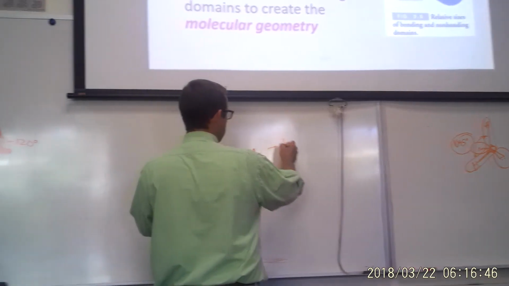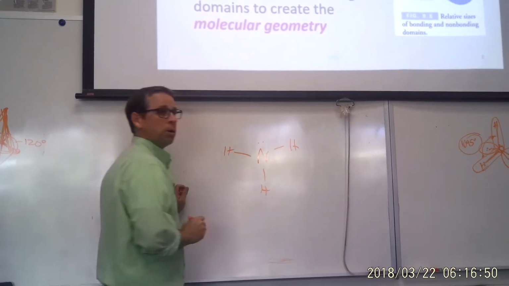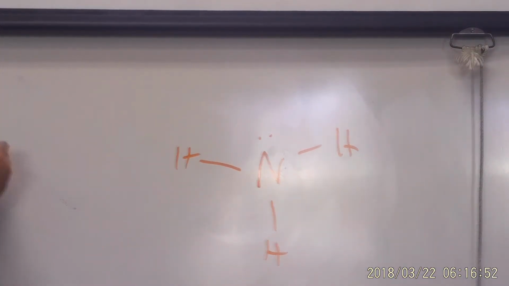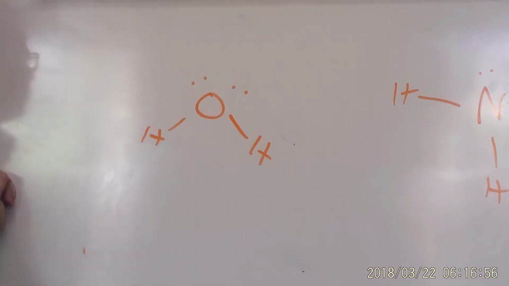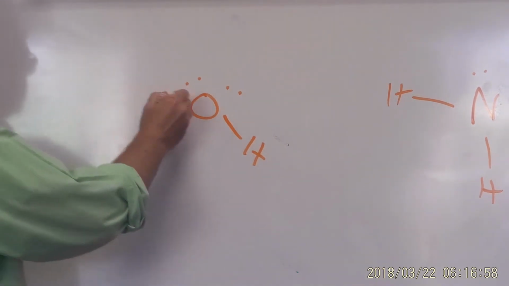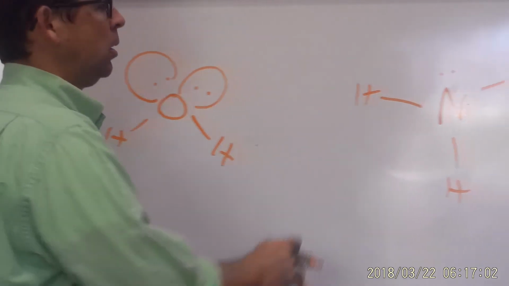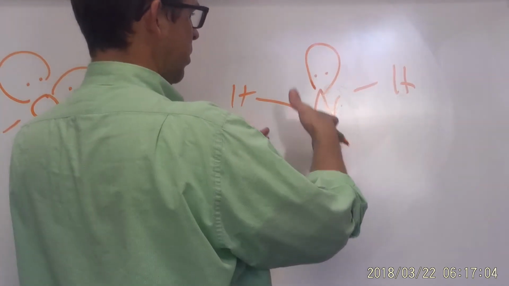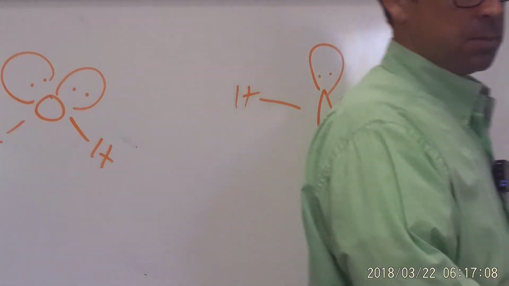There's nitrogen, looks like this. 1, 2, 3, 4. Right? And water looks like this. Right? So water has these two regions which are bossing around these ones and squeezing them in. This one has one region, so it tries a little bit to make itself space, but it doesn't need that much space.